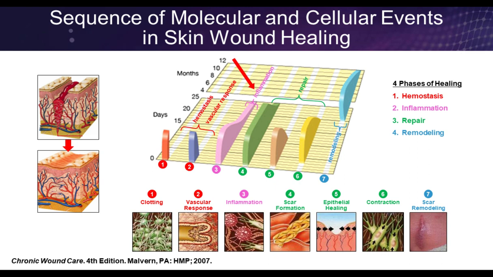In addition, the inflammatory cells, particularly the neutrophils, secrete active proteases such as the matrix metalloproteases, or MMPs, and neutrophil elastase. And those proteases released during this inflammatory phase do a couple of important things.